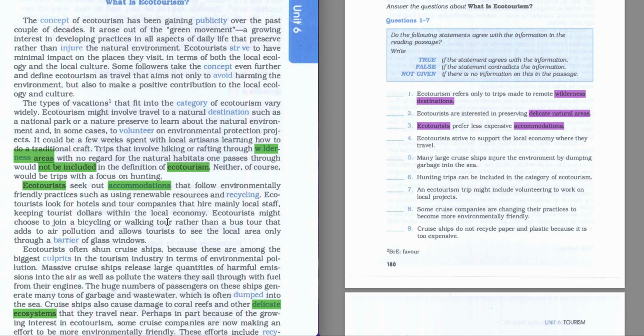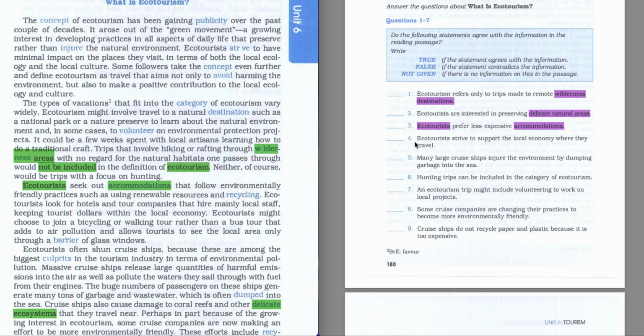Let's read this sentence. Ecotourists seek out accommodations that follow environmentally friendly practices such as using renewable resources and recycling. So they try to find accommodation, but they don't say that they're trying to find cheap accommodation. And if we go further, we don't have any information about accommodation. We have information about hotels, but it doesn't say anything about the price. So the answer to the third question is going to be not given.